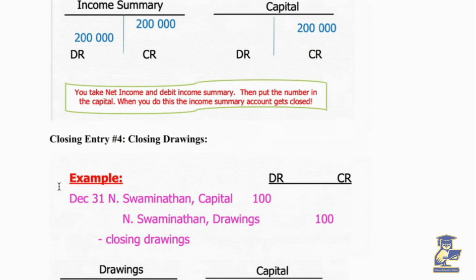Revenue, typically a credit, but when we're closing, we put it as a debit. Expenses, typically a debit. When closing, we put our expenses as credits. Our drawings, typically a debit, but when we're closing, we put it as a credit. And income summary, if we have a net income or net loss, that will depend on what side of capital. Are we increasing our capital or are we decreasing our capital?